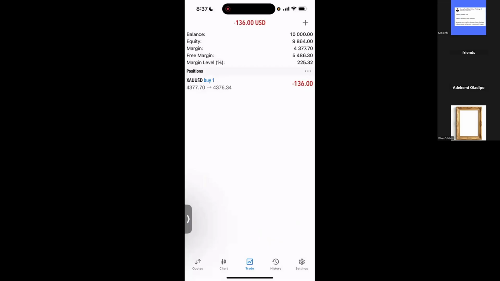If you use up your margin, your broker will close your trade for you even without it hitting your stop loss. If you over-leverage and the trade eats into your margin, your broker will close your trade, and sometimes you can even owe your broker because you have lost into their money. You understand? That's how it works.